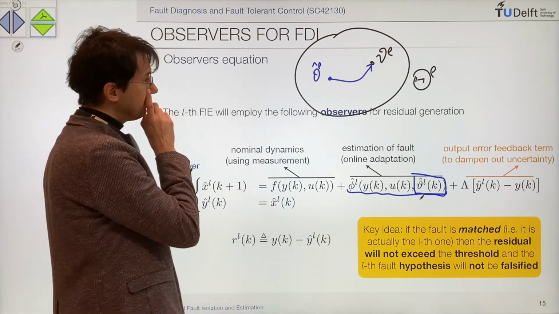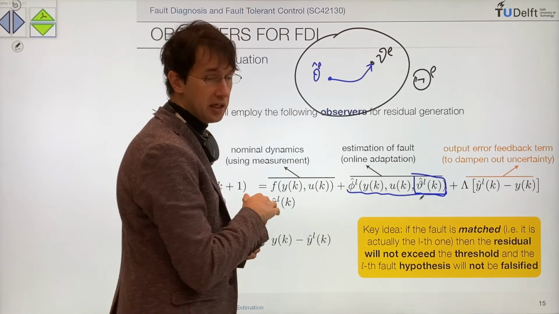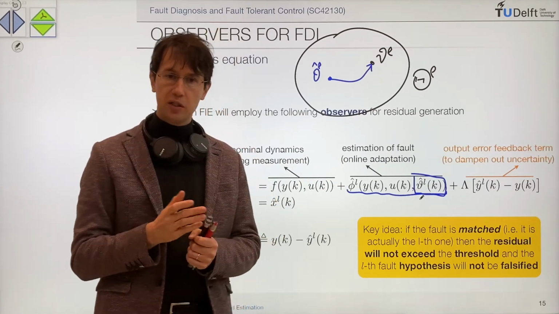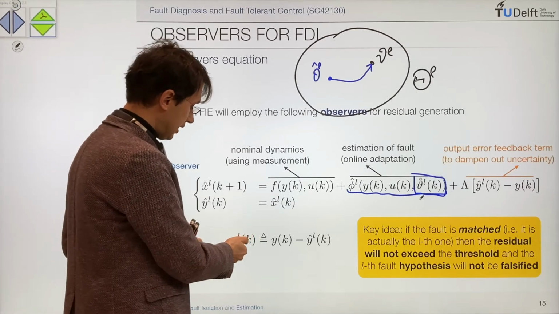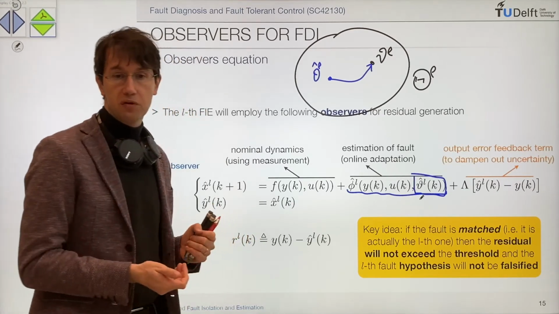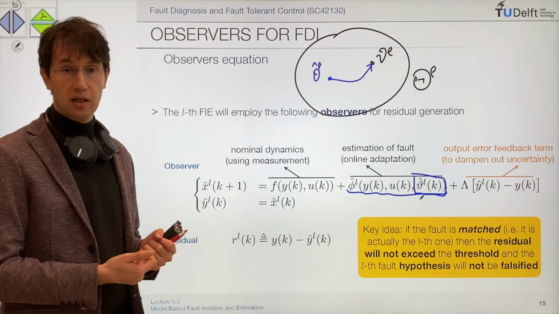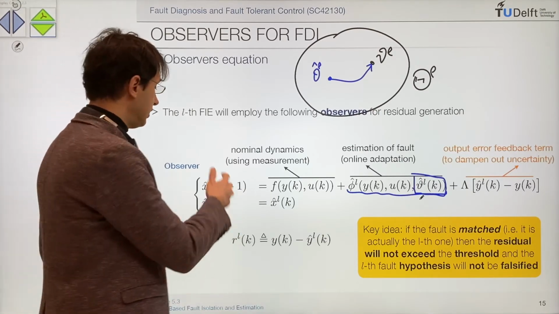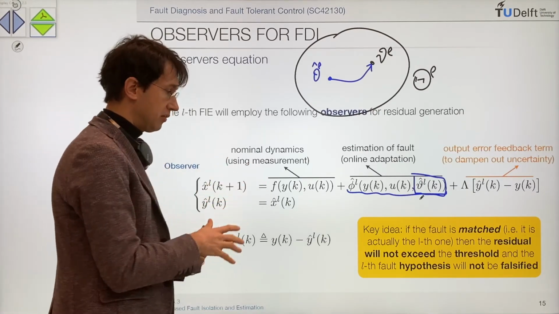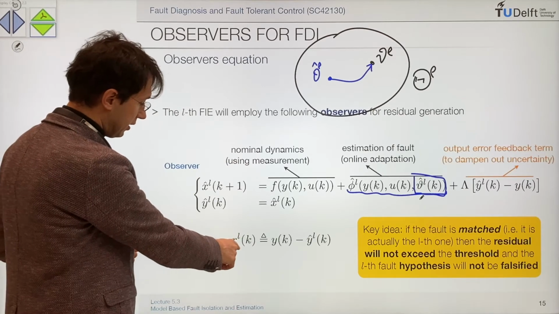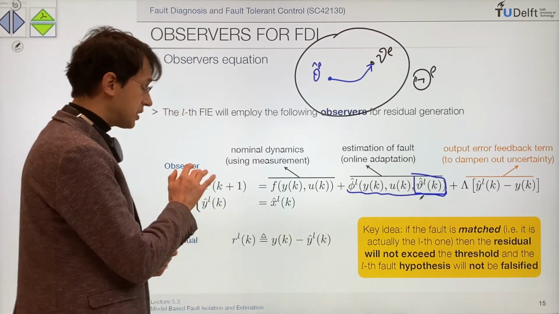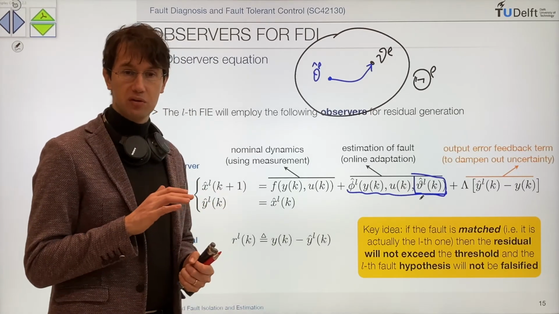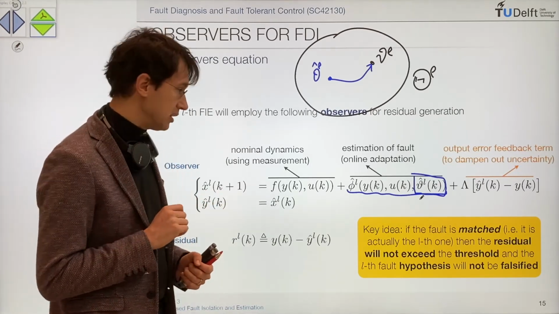So you see, that's quite a different thing than what the detection observer was doing. The detection observer was doing only one thing: computing a residual that was used for falsifying its hypothesis. The fault isolation and estimation observer is still producing a residual the same way, the difference between y and y hat, which still is used to falsify its own hypothesis.